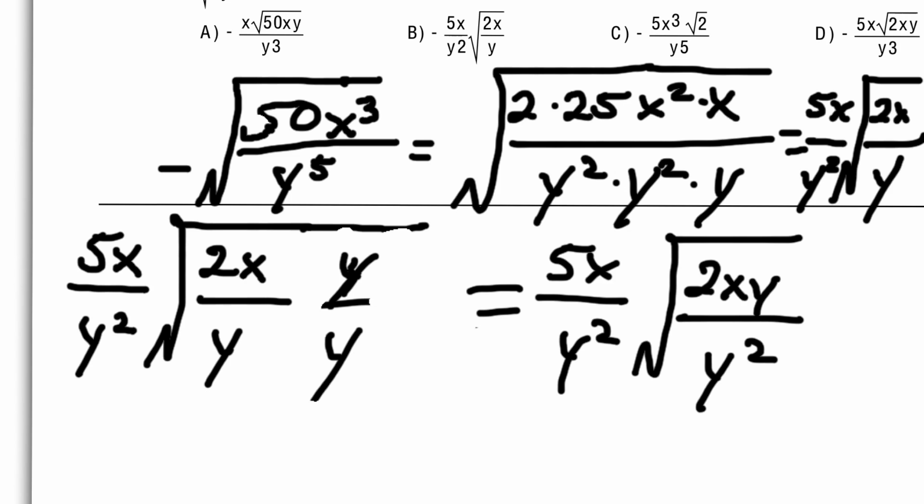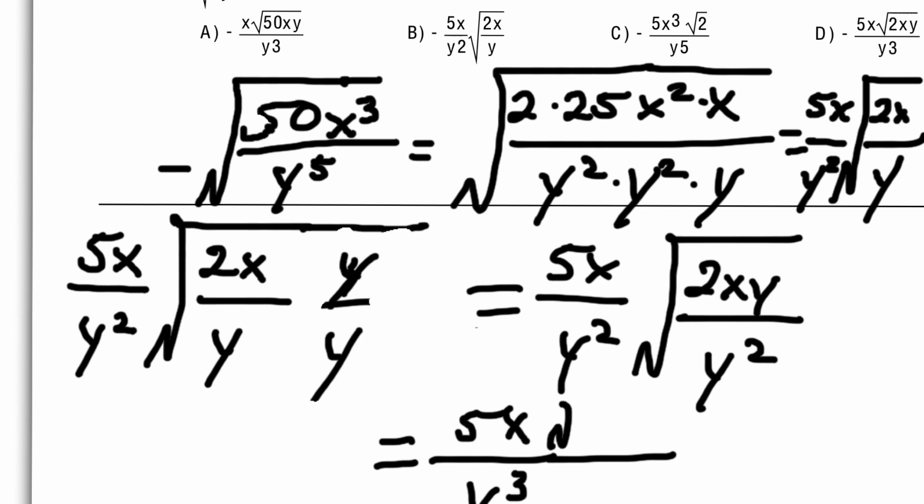The square root of y squared is y. So our problem now equals 5x divided by y cubed times, well, we could put this on top if we wanted to now, square root of 2xy.